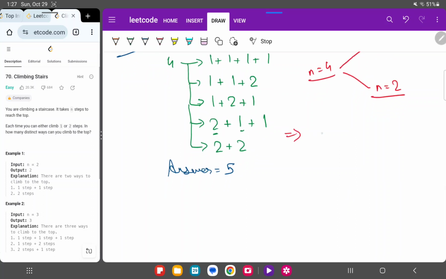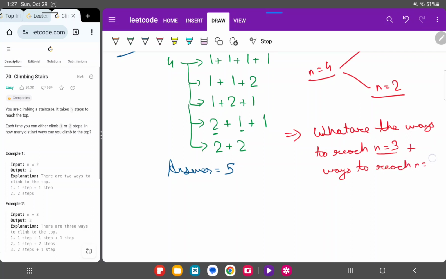So this problem breaks down into the ways to reach n equals 3 plus the ways to reach n equals 2. This would give us the answer for n equals 4.